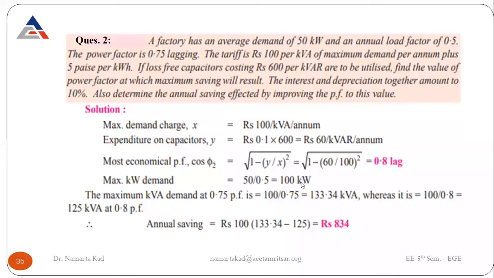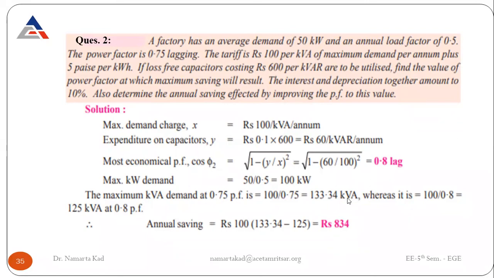So it comes out to be 100 kilowatt, and the maximum kVA demand at 0.75 power factor is 100 divided by 0.75, that is 133.34 kVA.